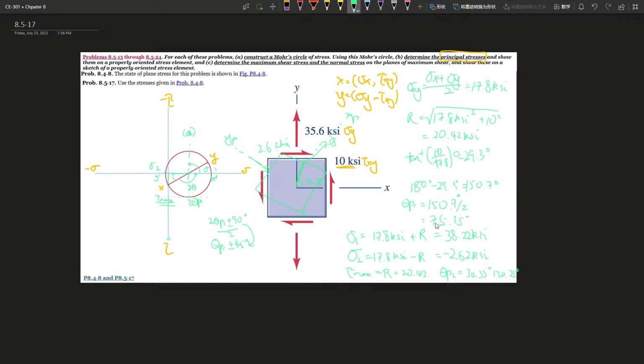Let's try this again. Minus 45 is 30 something. Maybe I did something wrong on my paper. Yeah, sorry, never mind. Yeah, these are the other two.